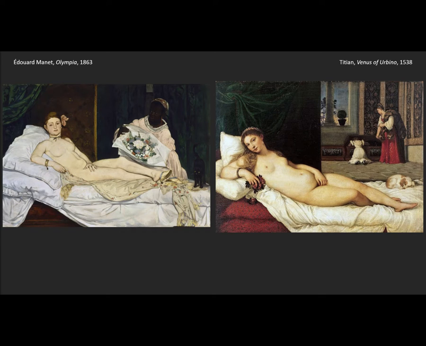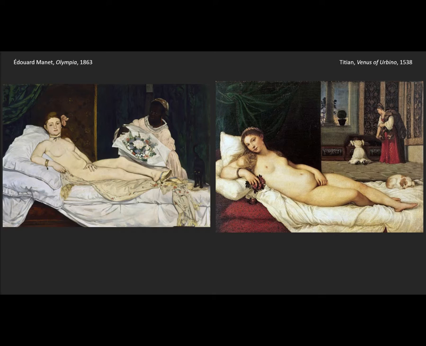Hopefully, in generations to come, people would look back at Olympia, he would hope, and would use that work to remember how great 19th century France was, in the same way that we look back at a Titian Venus and think about how great Venice was in the 16th century, right? That's in his mind. It's meant as a conscious homage to Titian.